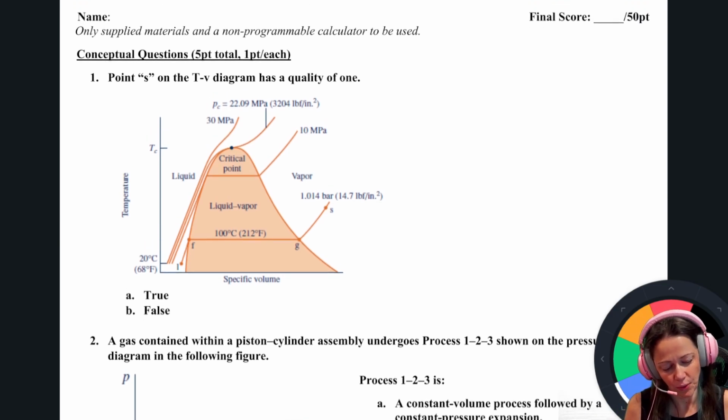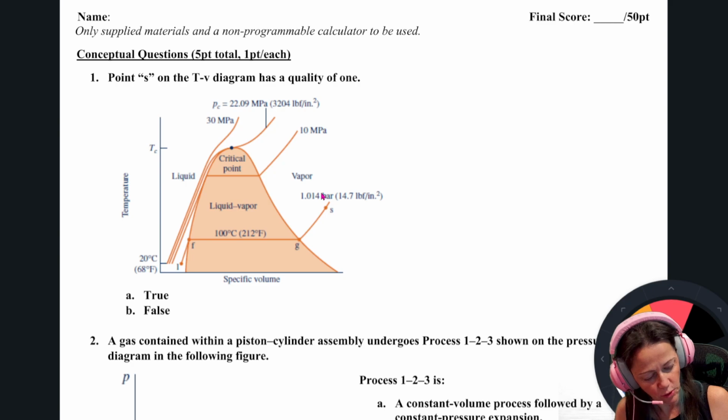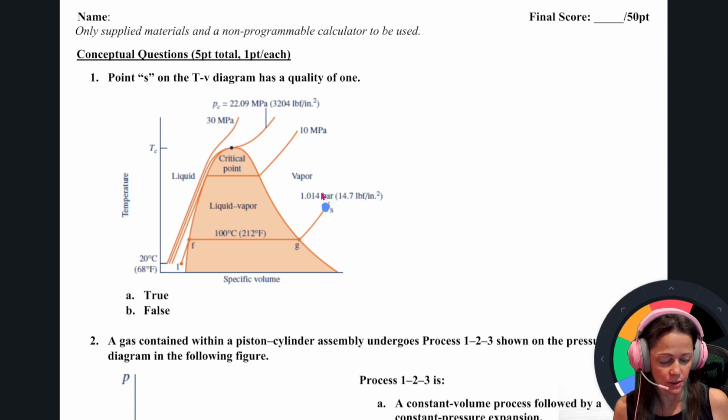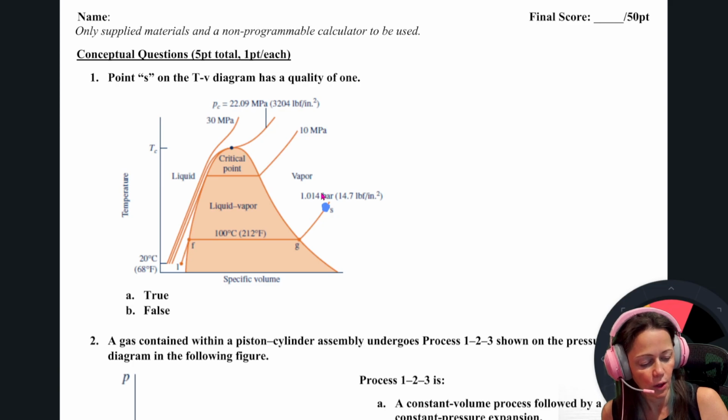All right, so the first question was a conceptual question asking about point S on the TV diagram. Point S is right here, in the superheated region. It's asking if it has a quality of 1. Quality is the mass of your saturated vapor over your total mass, and it is only for the two-phase region.